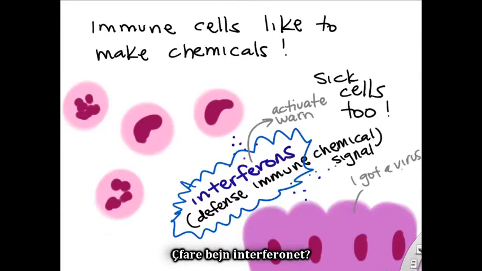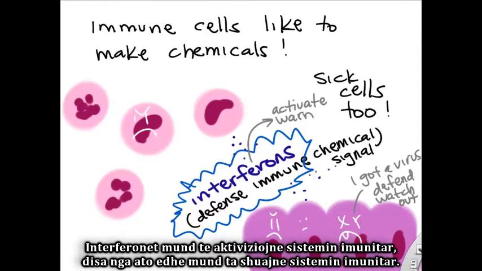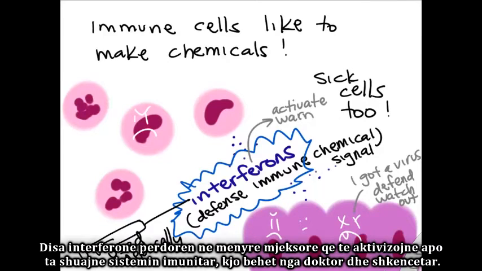What do interferons do? Well, interferons can warn neighboring cells that you've been infected with a virus or a bacteria. Interferons can also activate the immune system. Some interferons can even turn off the immune system. So interferons are used medically by doctors and scientists to turn on and turn off your immune system.